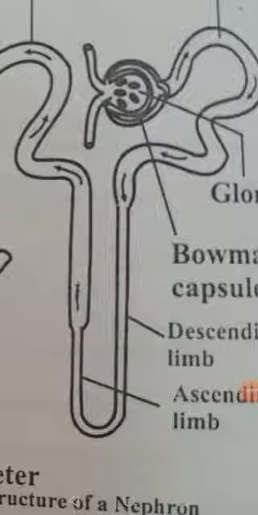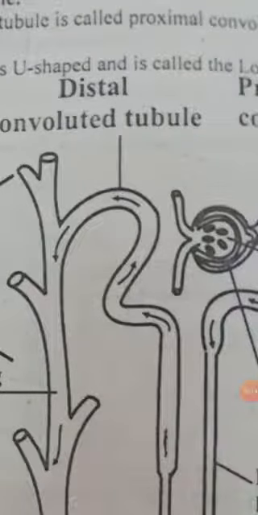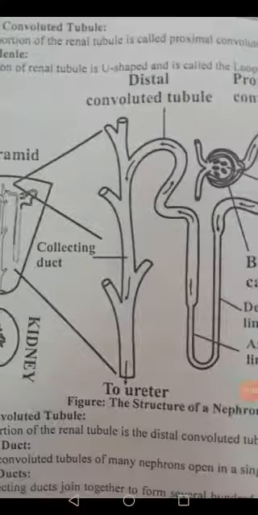They have different functions, which we will discuss later. Then this moves into the next part, the distal convoluted tubule. So these are the three parts of the renal tubule. The renal tubules of many nephrons open into a single collecting duct.